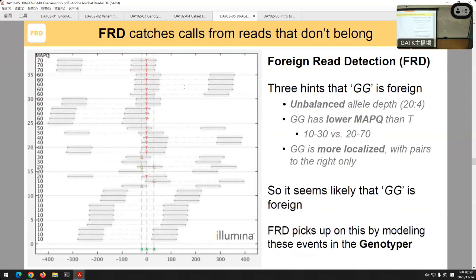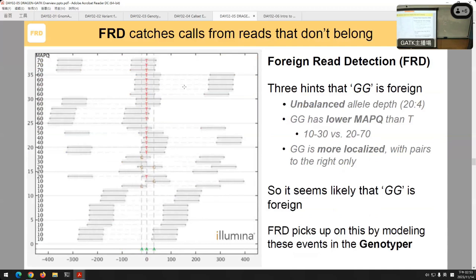The last one is our foreign read detection model, okay? Now, we already do a version of this, to be honest. We try to detect contamination and everything. The truth is they just gave us a slightly better version. It looks at allele depth a lot. Why does allele depth matter? Let's say you have a real region, let's say it's het, you've got an A and a G there.